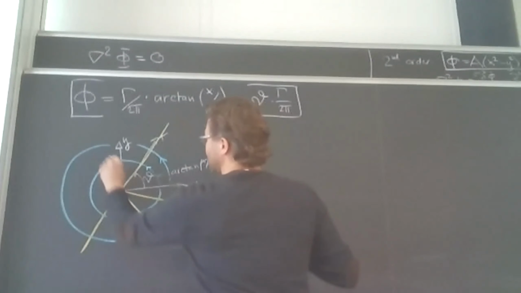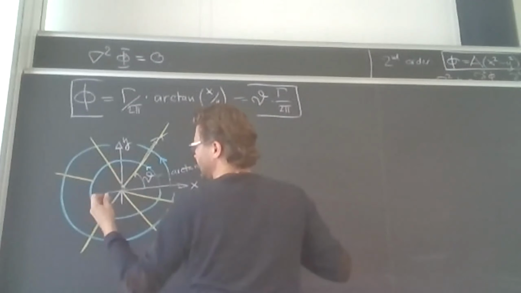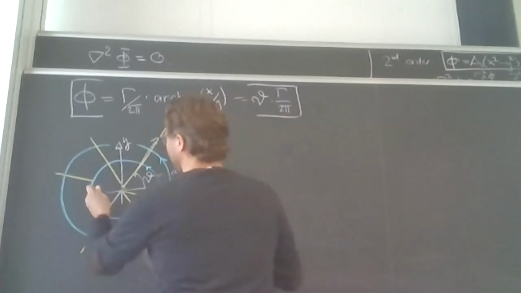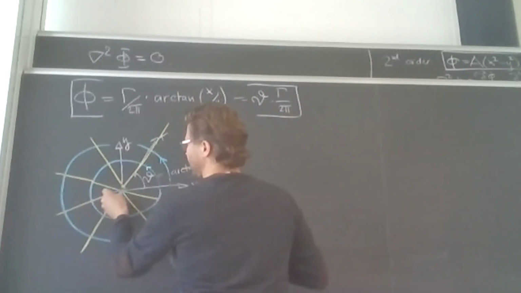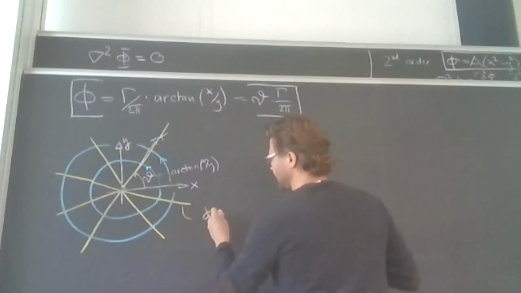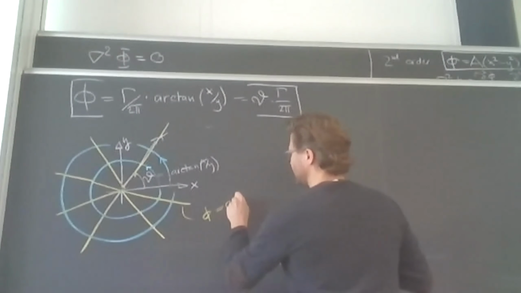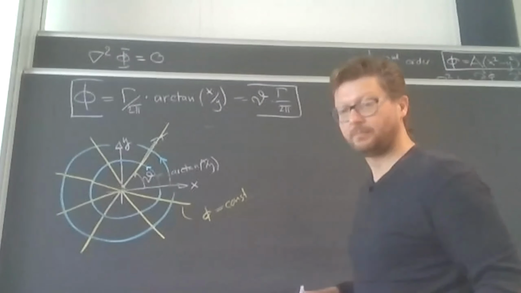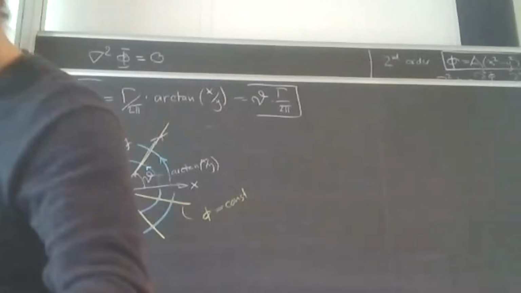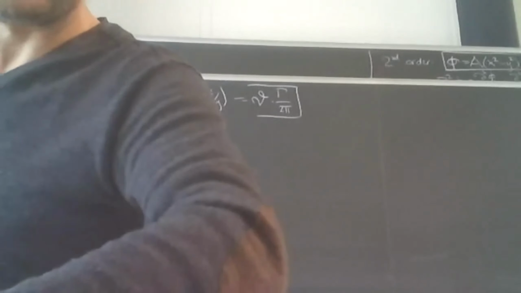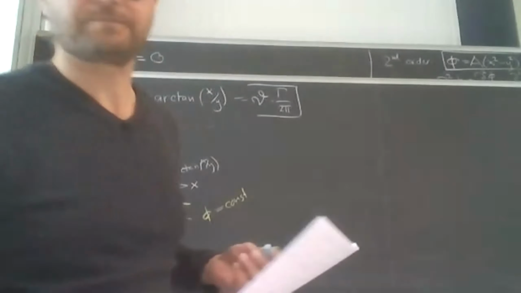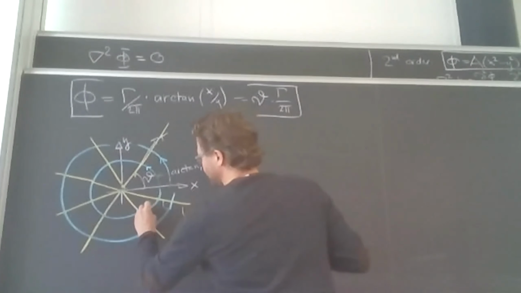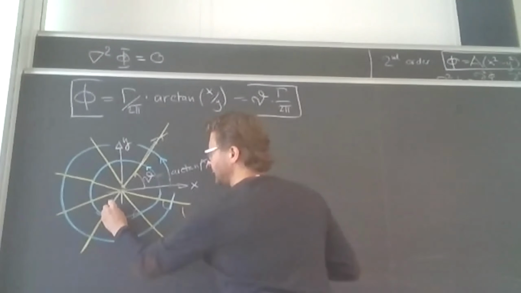Any ray here is an equipotential line. And of course, since streamlines must be perpendicular to equipotential lines, these are then our streamlines here.